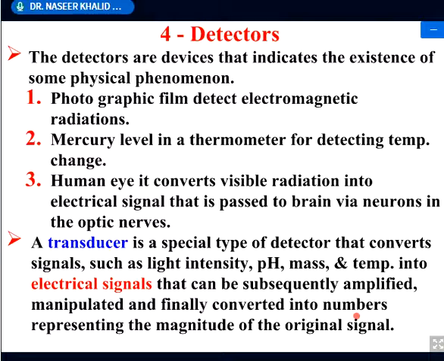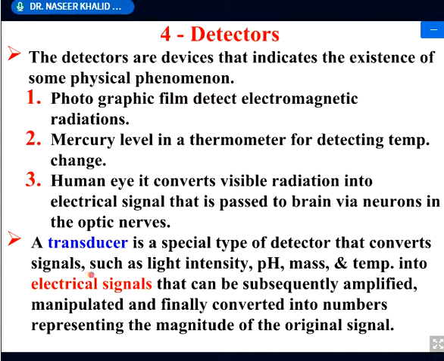That is, the body temperature of a person is, for example, 35, 34, 39. So this gives us the signal. These are transducers.